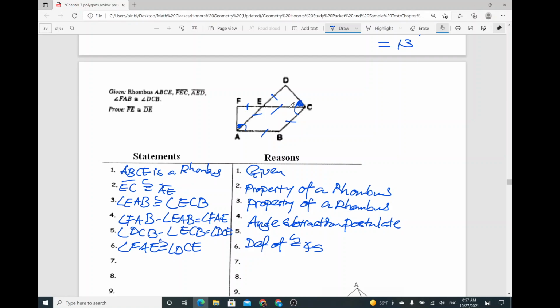Here's another thing: we can use the isosceles triangle theorem. Since we know these two sides are congruent, the corresponding angles have to be congruent here as well.